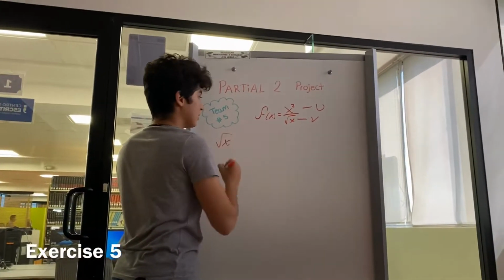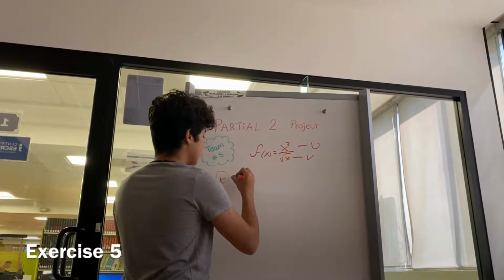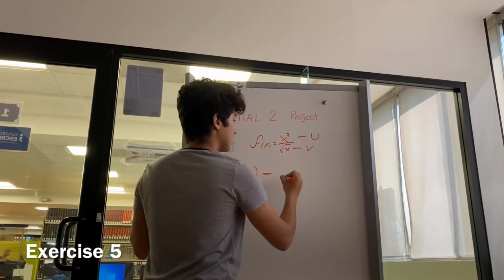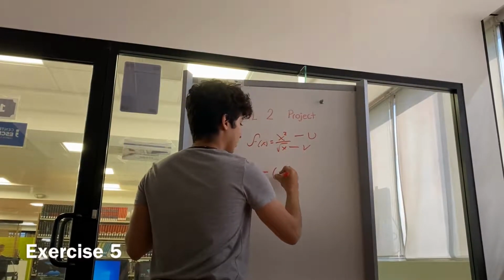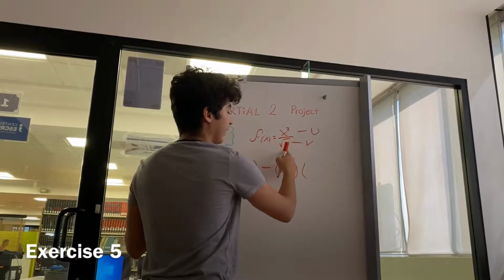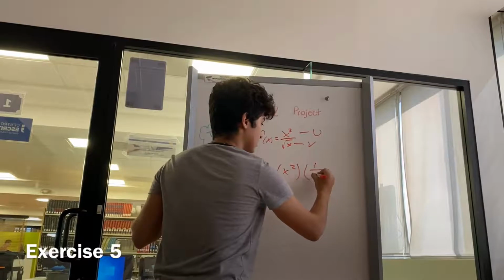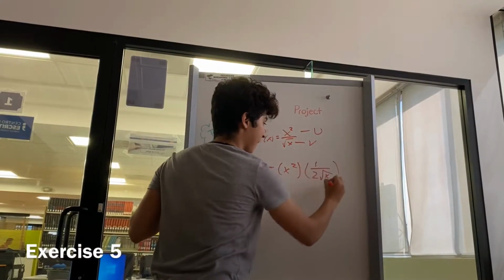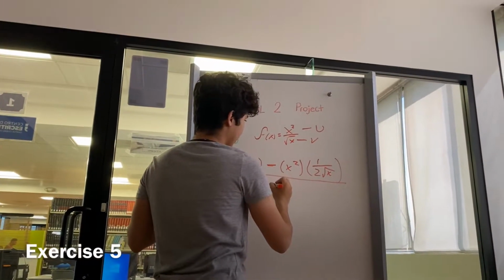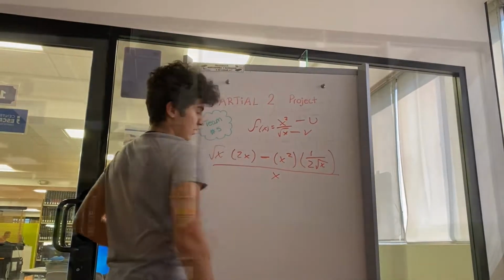So I'm going to write it down like this. The derivative of x to the power of 2 is 2x, minus u times the derivative of the square root of x, which is this one, all of this over b squared, which is simplified.